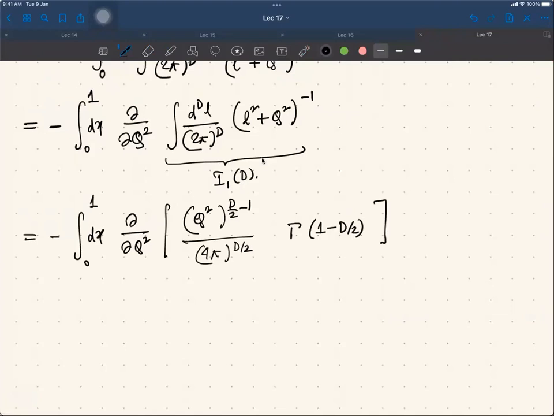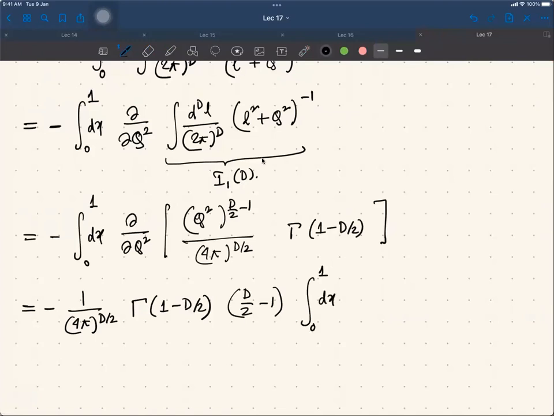And if you substitute that value, then the result is minus 1 over 4 pi to the power d by 2 gamma 1 minus d by 2. Then derivative with respect to Q square of this object is d by 2 minus 1 times Q square to the power d by 2 minus 2.